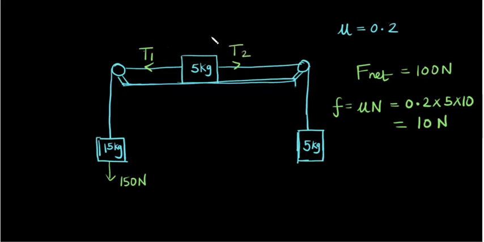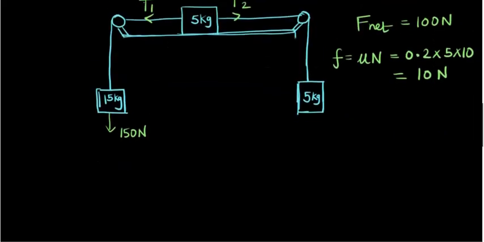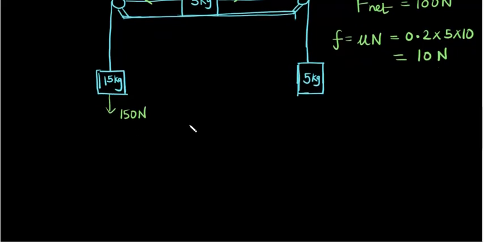Now the frictional force will be in the right direction, that will be mu times n. If I draw the free body diagram of the 5 kg block, I will get T1 minus T2 minus mu n is equal to 5 times A, that is the acceleration.